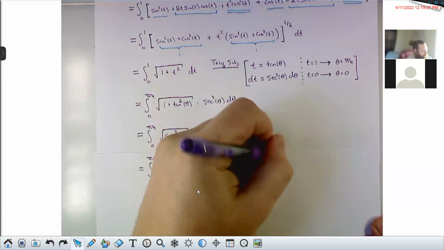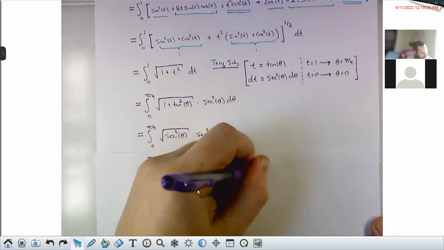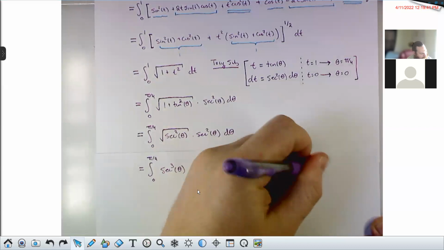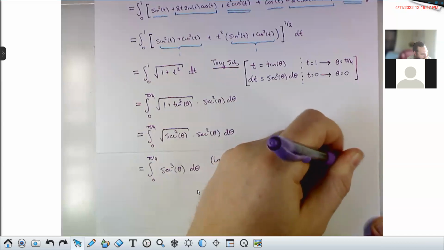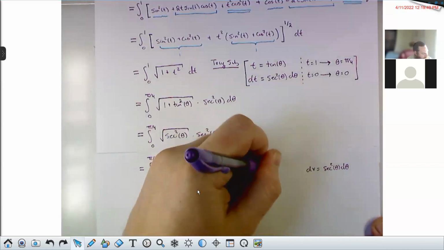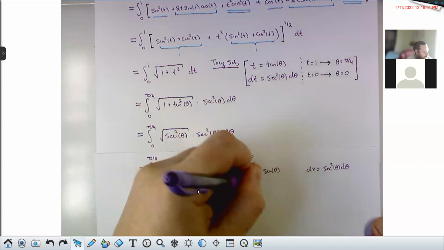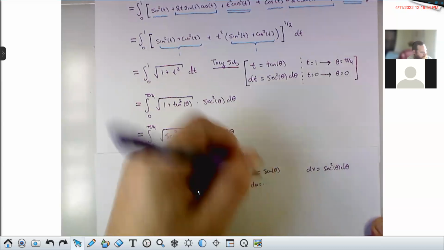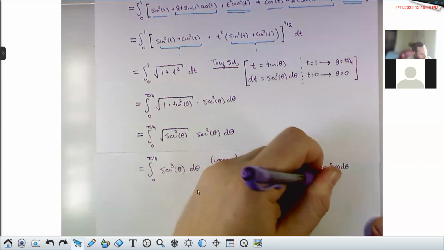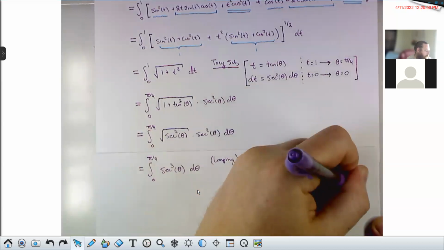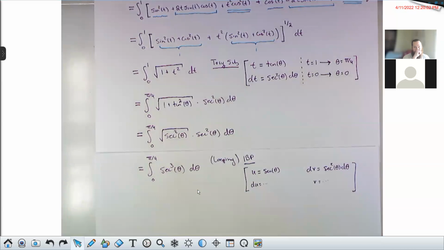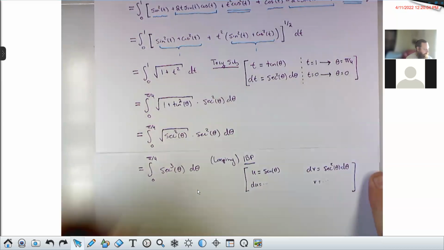The setup here is, remember you pick U and dV. dV is going to be secant squared theta d theta, and U is going to be secant theta. Du and V would be what you calculate from them. I'm not going to show all the details of the looping IBP because we do not have time.